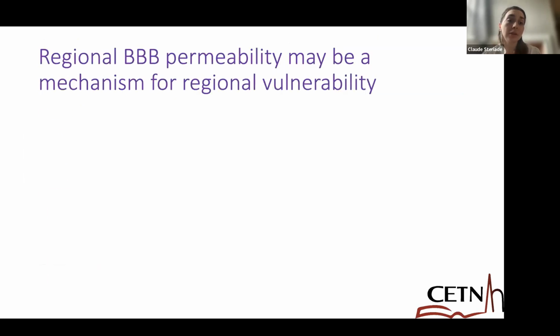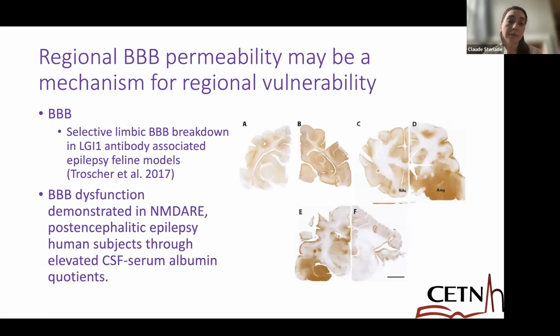And why is that? Well, one possibility is that the blood-brain barrier has sort of differential breakdown in different regions. So, those target antigens are pretty ubiquitously expressed in the brain. So why would you only see epilepsy pop up in the limbic region and the perisylvian region? Well, that may be one mechanism, and that's been noted in an animal model. What's actually interesting is that there's a naturally occurring LGI1 feline model.